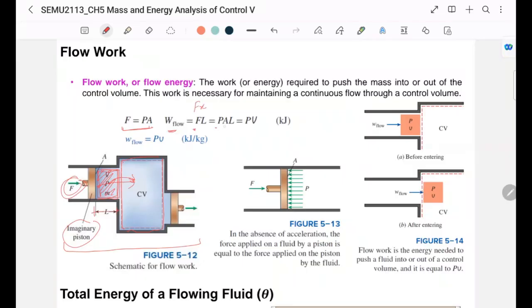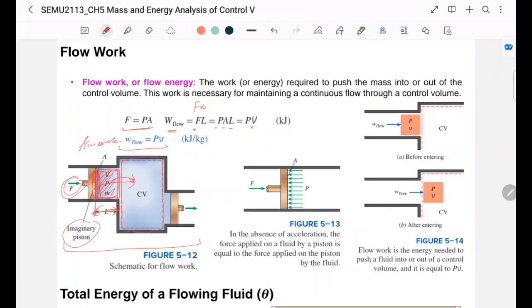So therefore it's P A, pressure multiplied with the area, which is the cylinder area, multiplied with the length of how far it pushes it through. And this area multiplied with this length is basically the volume. So the flow work, this is called the flow work, we literally write as W flow is basically equal to the pressure multiplied with the volume.